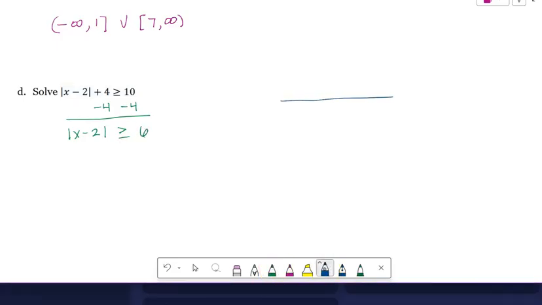So I have some number and I want the distance to be more than 6 away from it. So I want everything over here and I want everything over here. So my two inequalities are going to be that x minus 2 is greater than or equal to 6, or x minus 2 is less than or equal to -6.